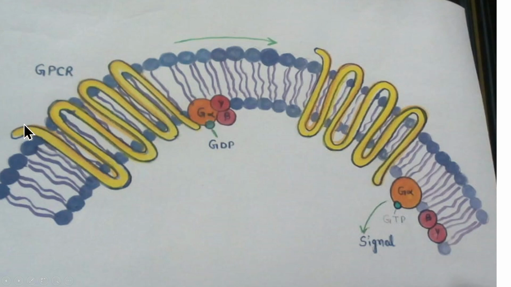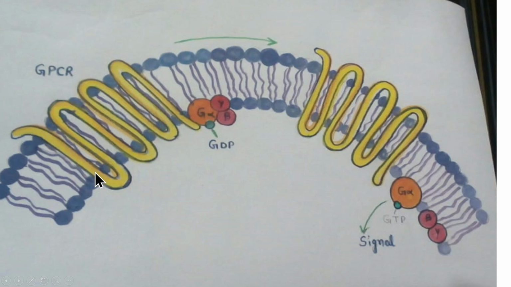When the receptor is activated by the ligand, it undergoes a conformational change, and once it does, it is activated. The activated receptor acts as a guanine nucleotide exchange factor, and it causes the alpha subunit to exchange GDP for GTP.